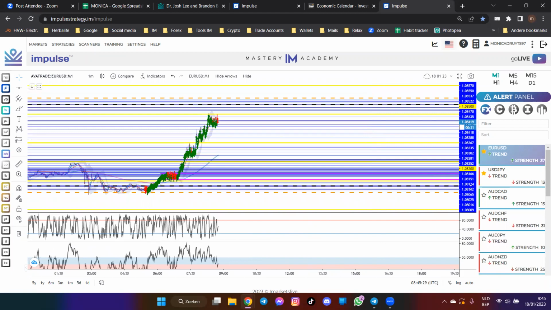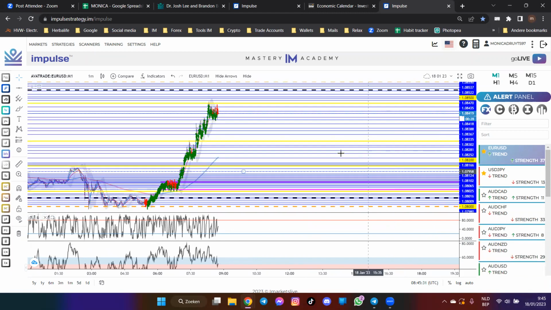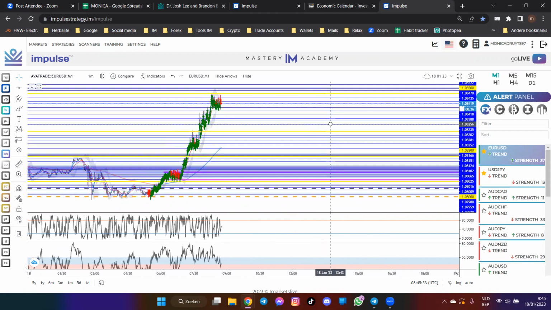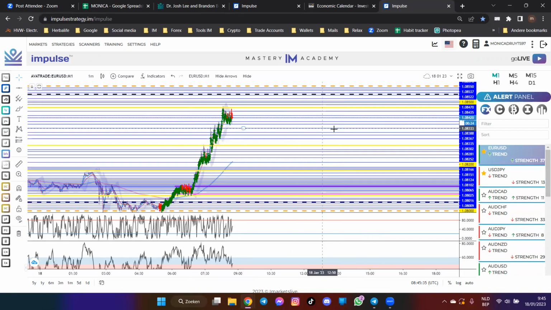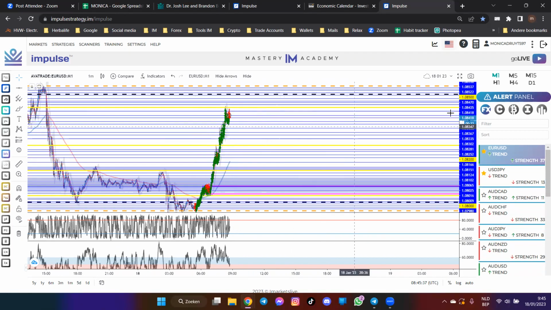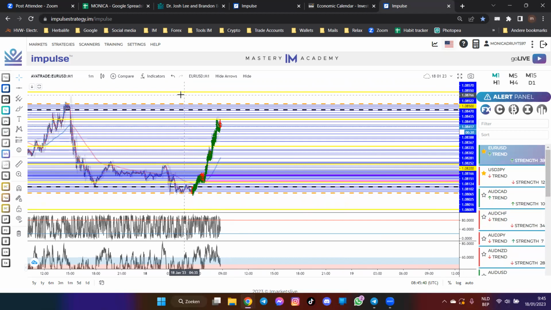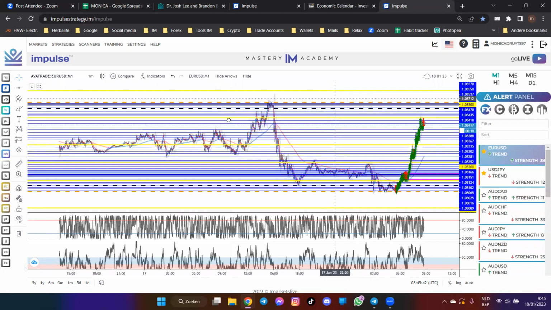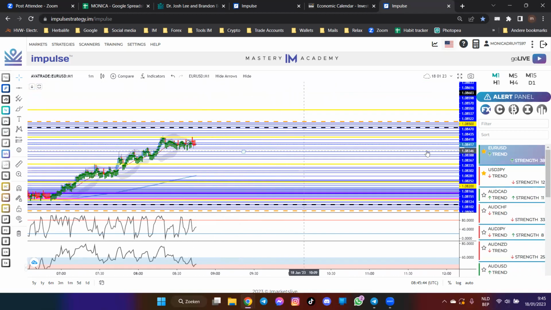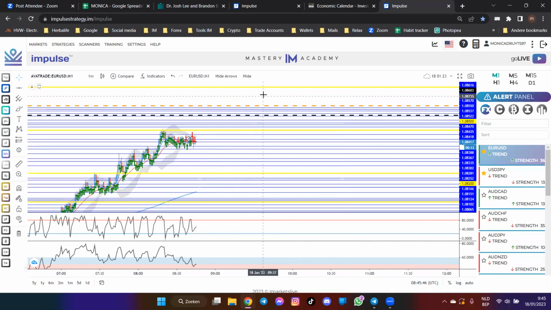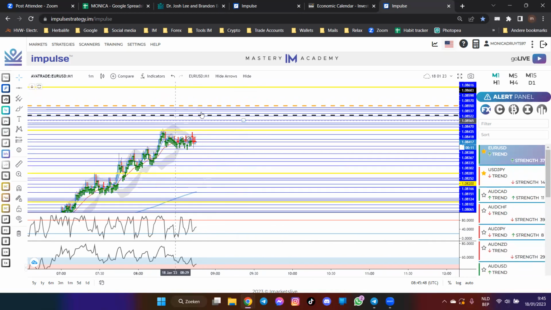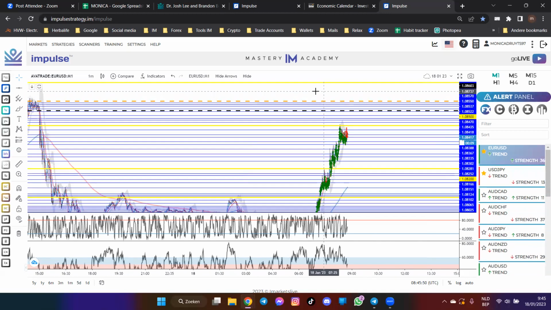Okay, guys. So we still have 15 minutes. We're not going to be trading today, I can see that now already. But here I know price has extended its level. It is possible that the price still wants to go up, but when it comes around this area, I know it's actually overextended.